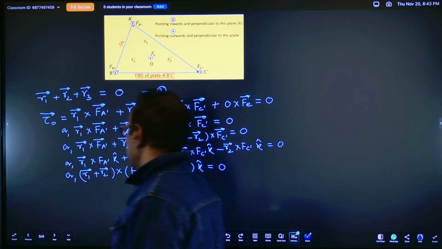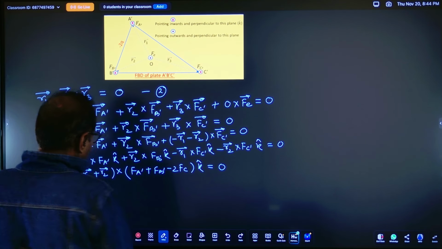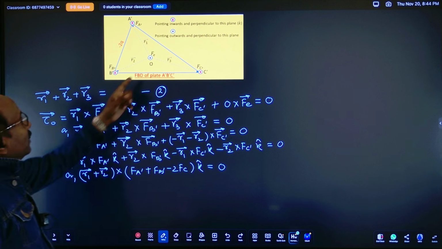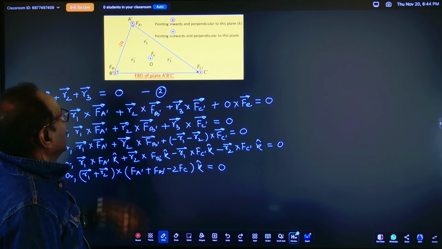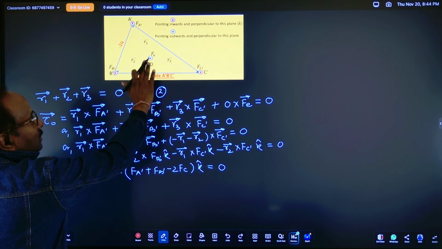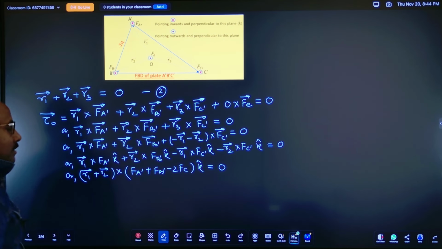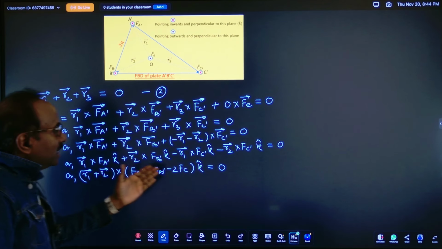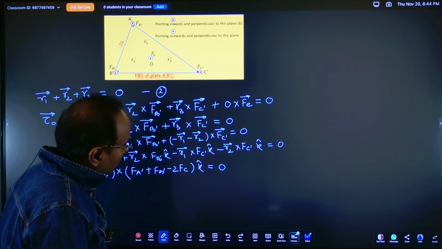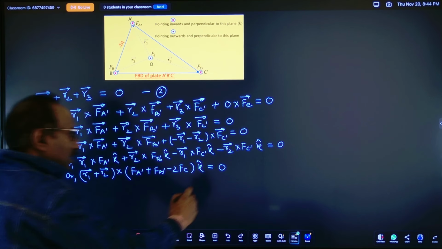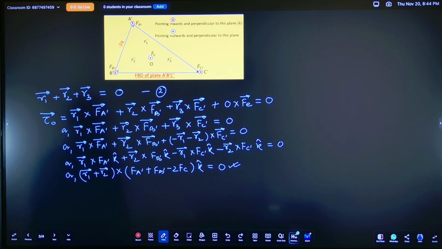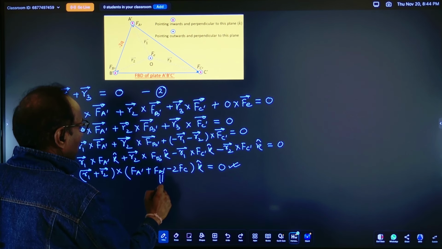The other point is R1 plus R2 will never be 0. So to satisfy this equation, what should be 0? This part should be equal to 0.